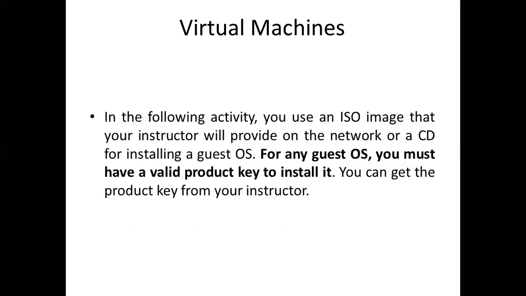So now the next part of it is, there will be an ISO image, okay? That image is very important for any guest OS. Why? Because when the guest OS has to be installed in your system, there must be some product key. What is a product key? The product key is like an encryption key using a cryptographic method.